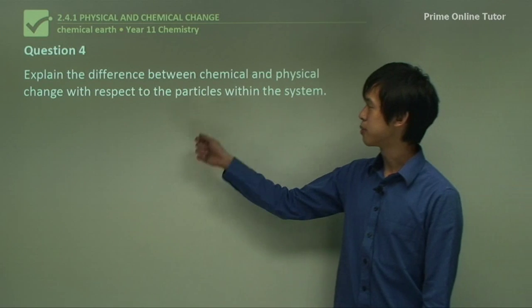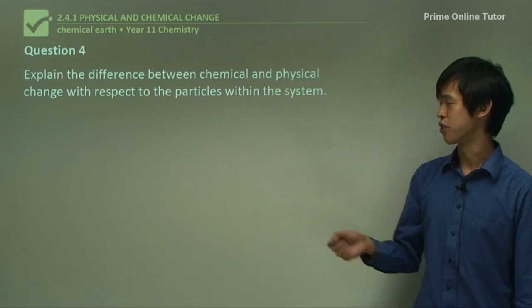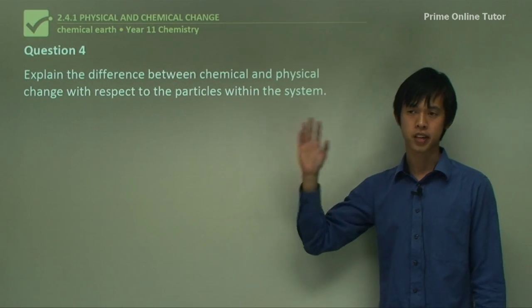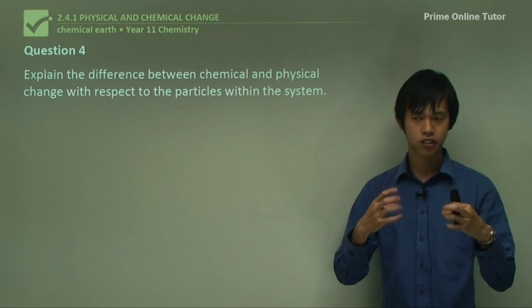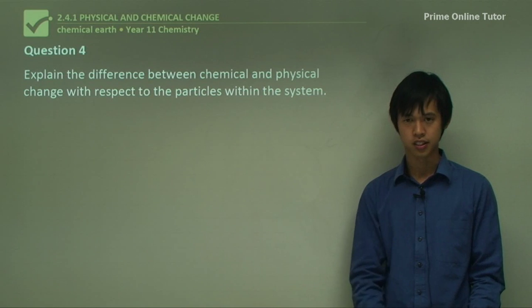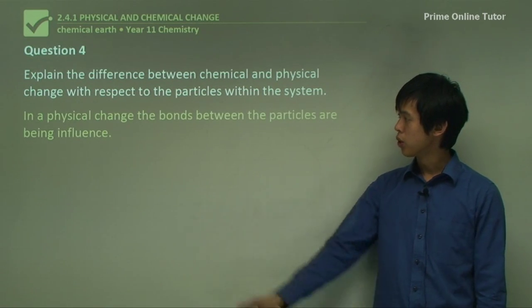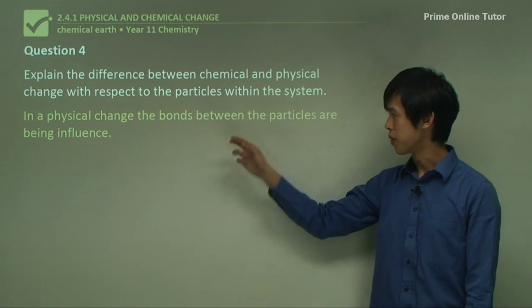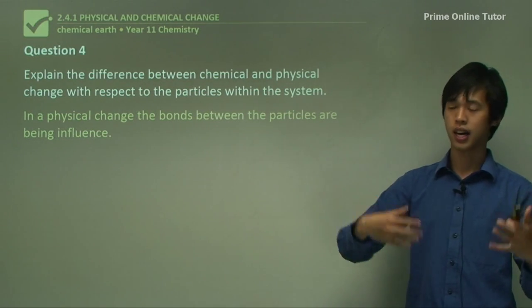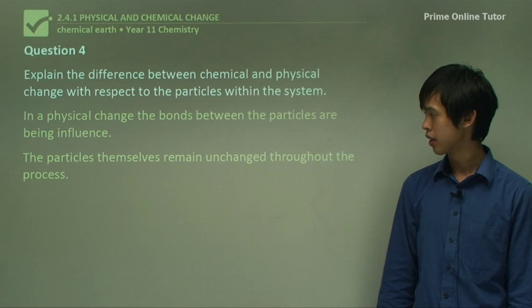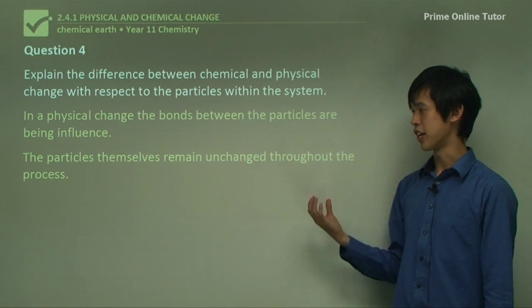Okay, explain the difference between chemical and physical change with respect to the particles within the system. Okay, now we're going to look at a more physical, or try and explain what is actually happening physically inside each of these systems. Well, in a physical change, the bonds between the particles are being influenced. So the bonds between particles are the ones that are being changed. The particles themselves remain unchanged throughout the process.